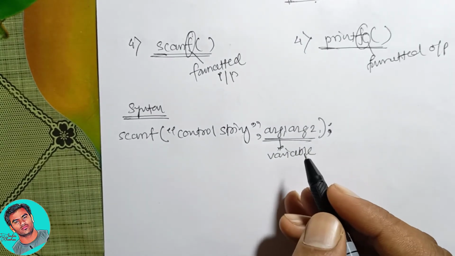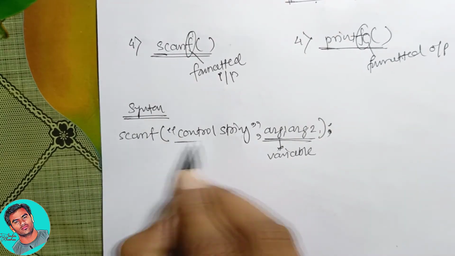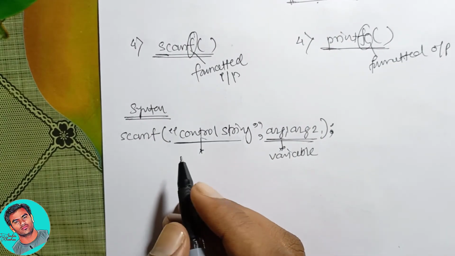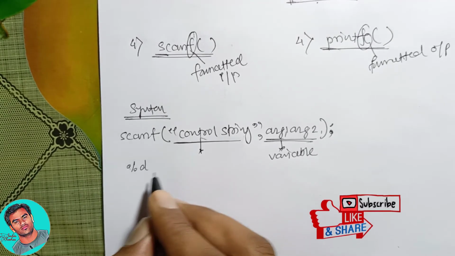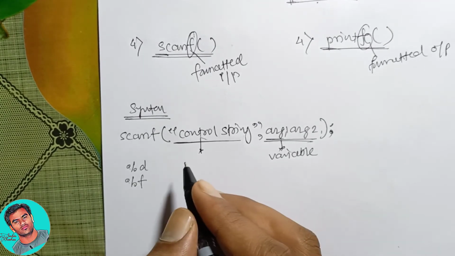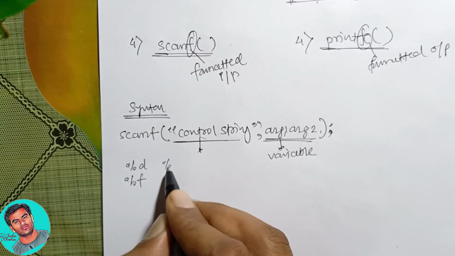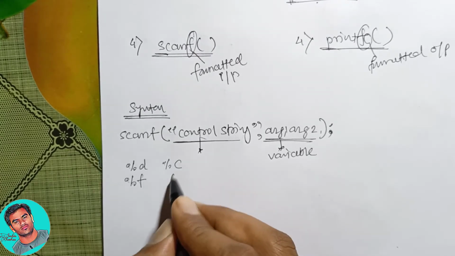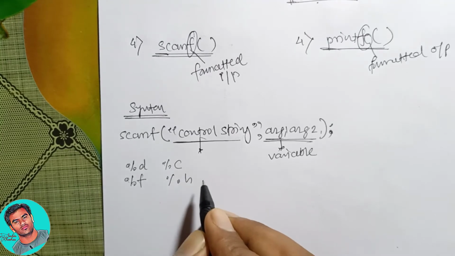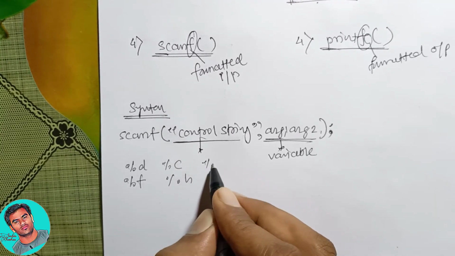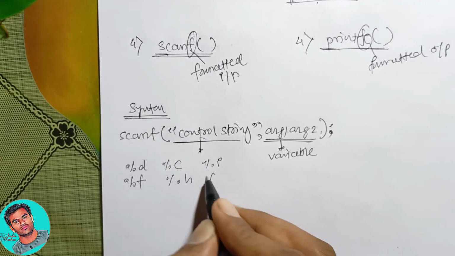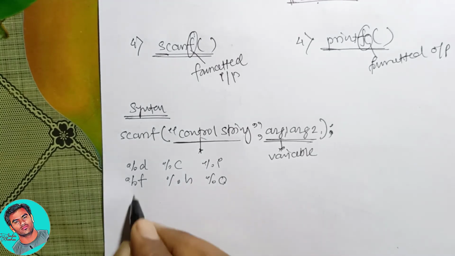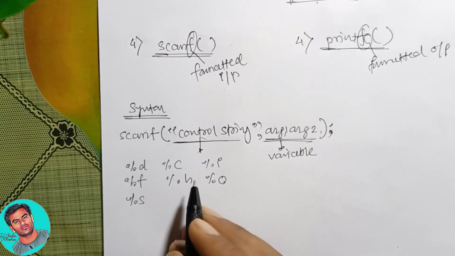You know the meaning of a variable, and this control string has specifiers or access specifiers, where %d represents an integer, %f represents a float, %c a single character, %h a short integer, %i a decimal, %o an octal value, and %s a string value.